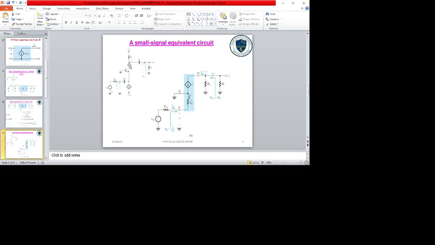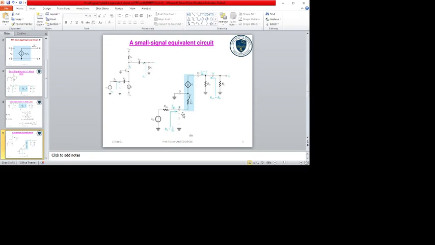Here also the transistor can be replaced by its equivalent pi model circuit in terms of transconductance and current element. Along with this output terminal, we can connect the parallel connection of drain resistance and load resistance. And the AC input signal is given to the source via the source resistance or signal.